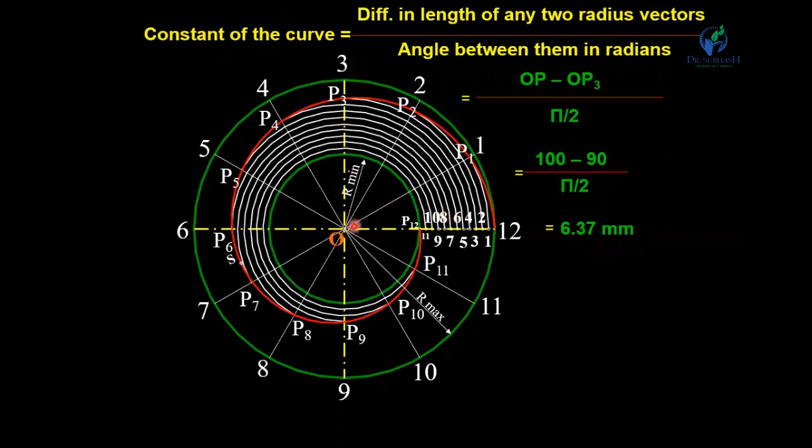Okay, so now draw a circle of this radius equal to 6.37 millimeter. Okay, and if you draw the tangent from this, then this is the normal of the curve, okay, which is passing from point S, and a perpendicular line which is to this normal is called a tangent.